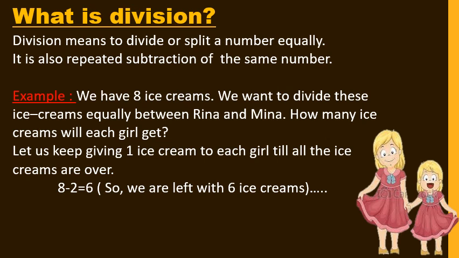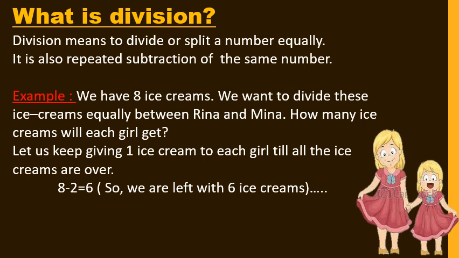So girls, right now we have 8 ice creams and we are going to give one ice cream to each girl. So here we have 2 girls. So we are going to give 2 ice creams from this 8 ice creams, right? So we can say that 8 minus 2 gives us 6.